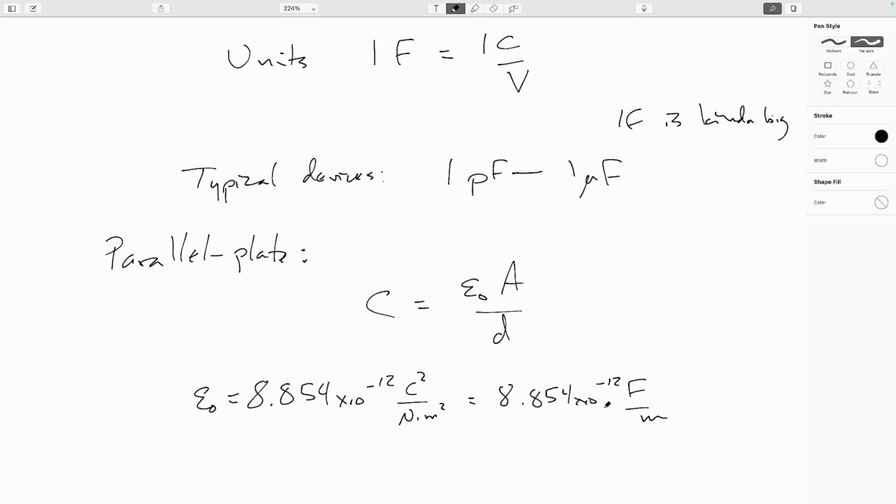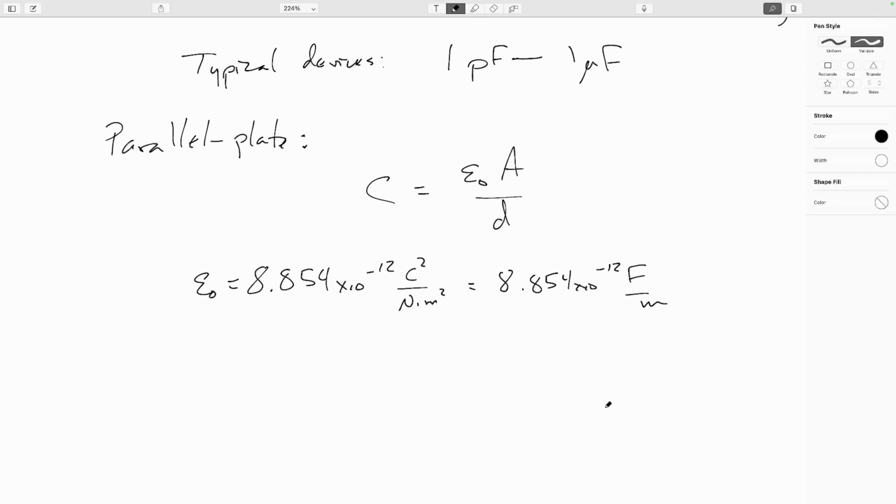And our friend epsilon naught did make an appearance before. That was in Coulomb's law. We buried it by writing K, but that K is 1 over 4 pi epsilon naught. So we've run across that before.